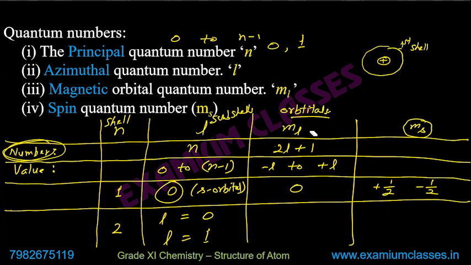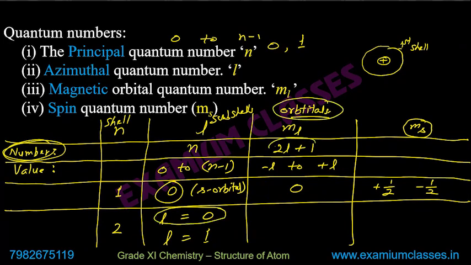It would be 5, the total count. It will be 3, minus 1, 0, 1. Okay, first let me explain that. Here, the value of L is 0. So in this subshell, how many orbitals will be there?